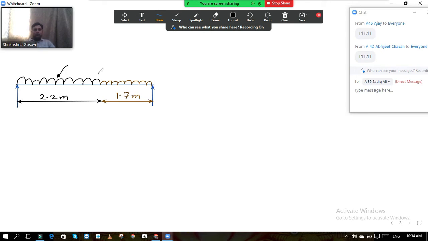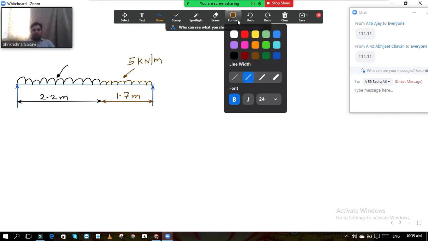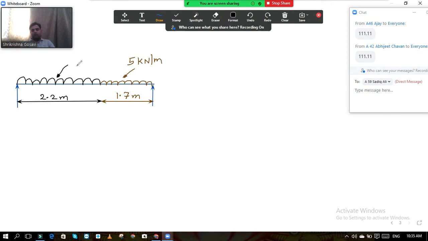Go to the loading page. We have evaluated the loads. What was the value of load on the going length? And here I think on this landing the load is 5 kN per meter. Please check it. And here on the going length, what was the load we have calculated?